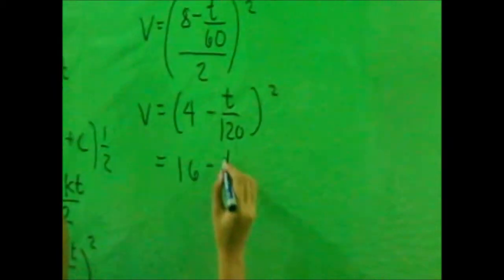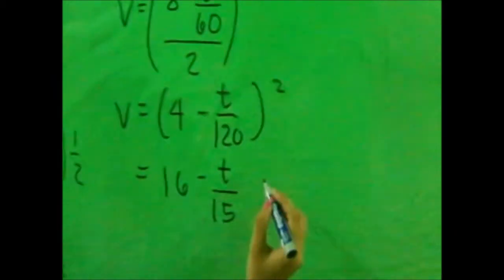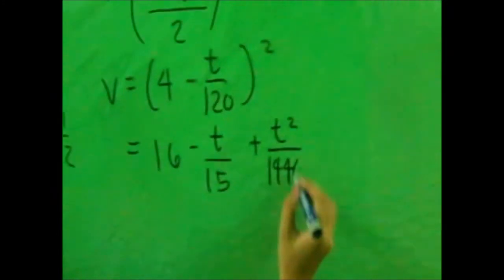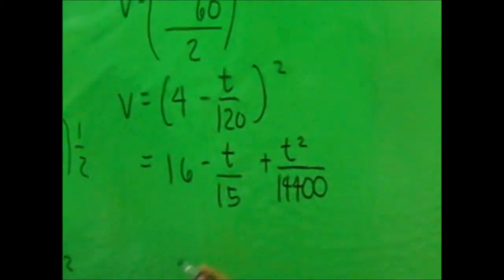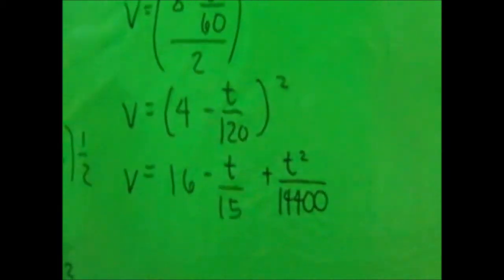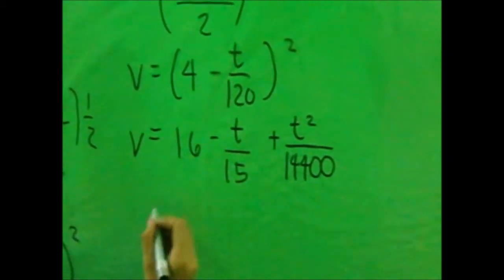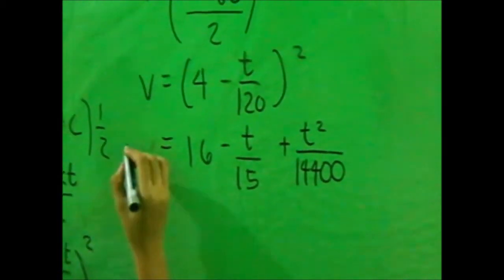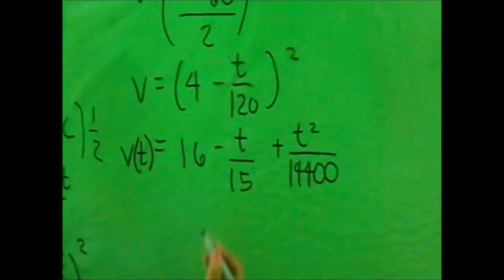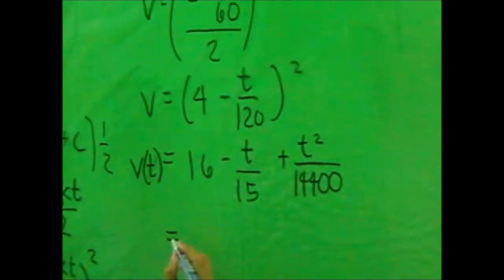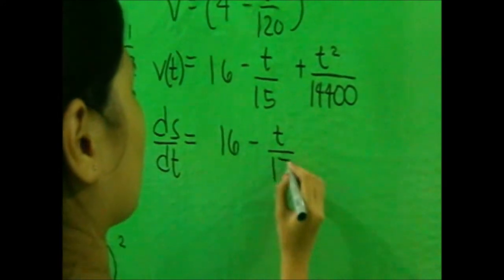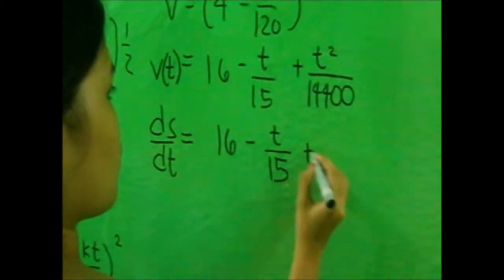Expanding our function, we have 16 minus t over 15 plus t squared over 14,400. This is now our v function of t. Velocity is equal to distance over time, so we can equate this equation to ds over dt.